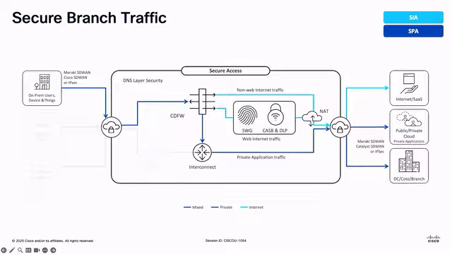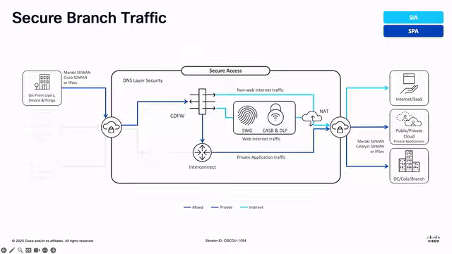So if we look at the web internet traffic, if you have that, it will be sent to the secure web gateway for content and URL filtering, and then processed by CASB and DLP before it's sent on to the internet. If it's non-web internet traffic, it's going to be inspected by the cloud-delivered firewall and then sent on to the internet.